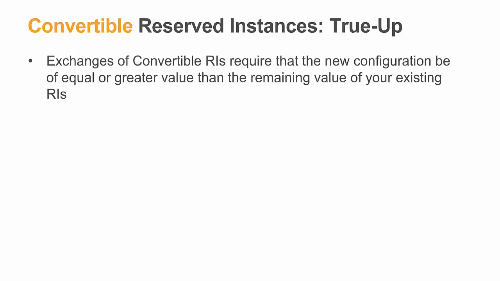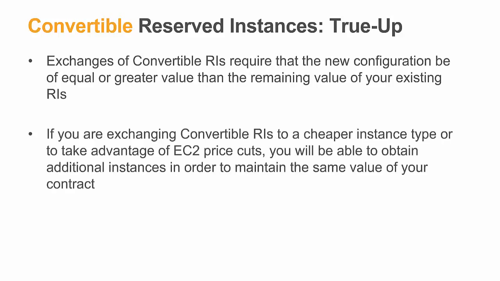You can exchange convertible RIs for other convertible RIs with different configurations. There are no limits to how many times you perform an exchange, as long as the target convertible RI is of the same or higher value than the convertible RI that you are exchanging.